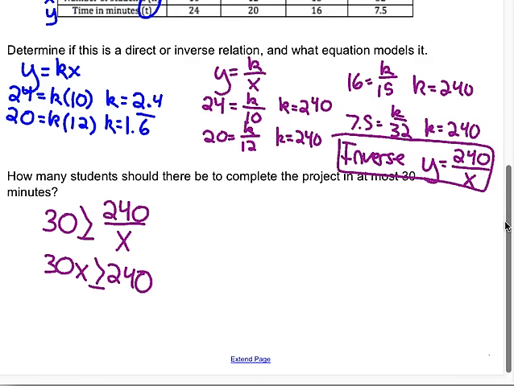So once you multiply the x up, now I'm going to divide by 30. What that's telling me is if I want to spend less than half an hour, I should have at least 8 students with me for this project.